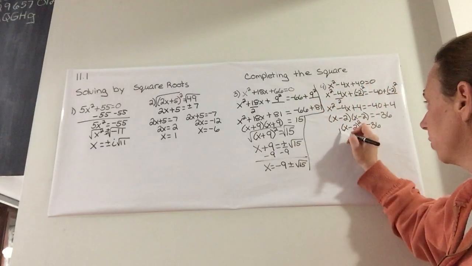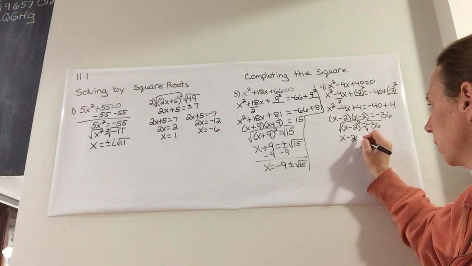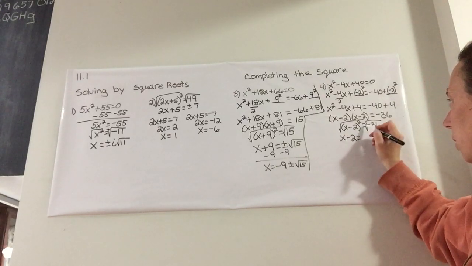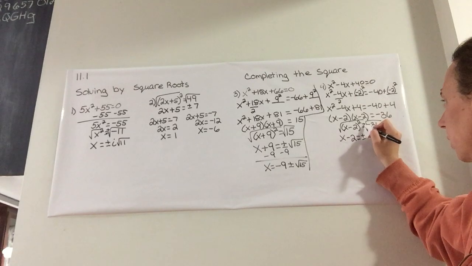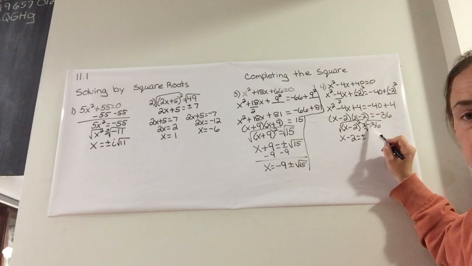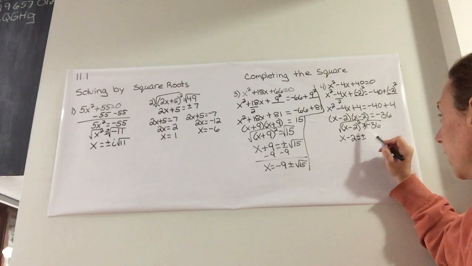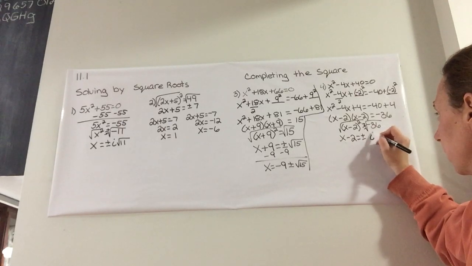So now we're going to take the square root of each side. So I get x minus 2 is equal to plus or minus, I have a negative. What do I do when I have a negative inside my root? I take out the i, right?